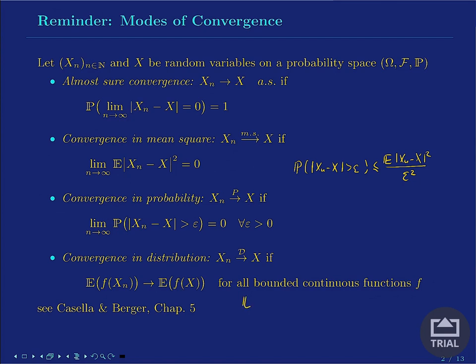So using bounded continuous functions is a sufficient criterion, but in order to understand this a bit better, we can look at results so that, for instance, if we take an indicator function, which can be approximated by bounded continuous functions, then this convergence actually becomes a convergence of probabilities.